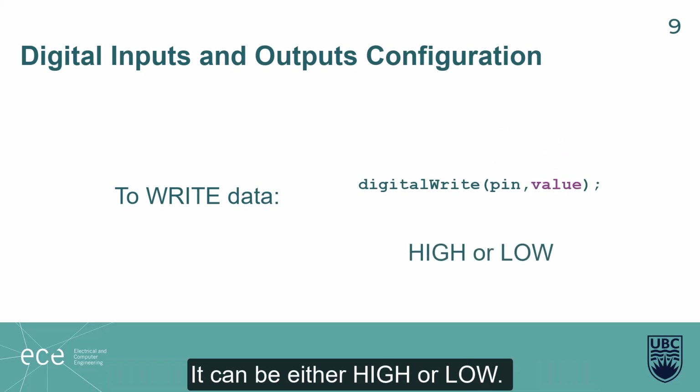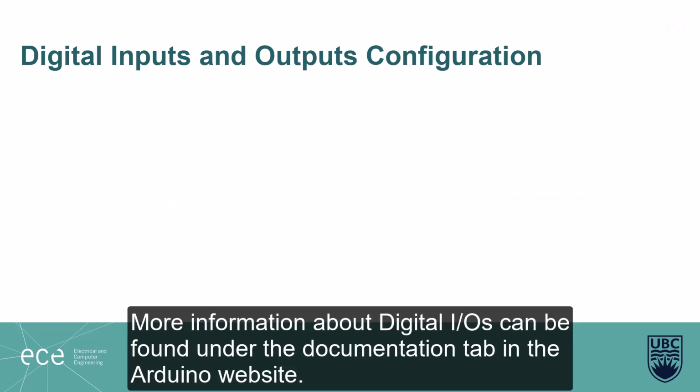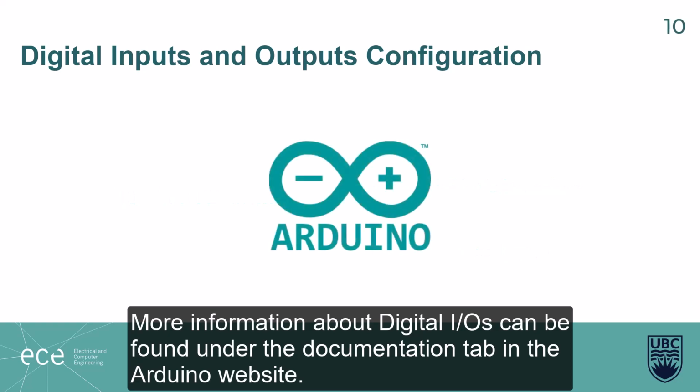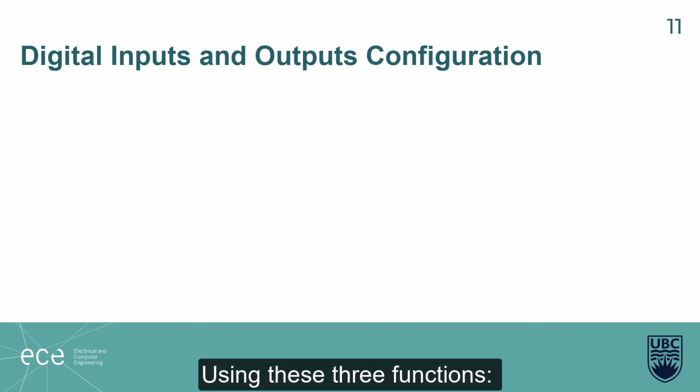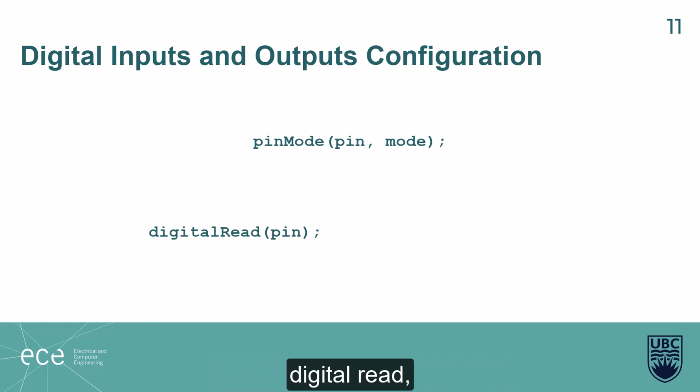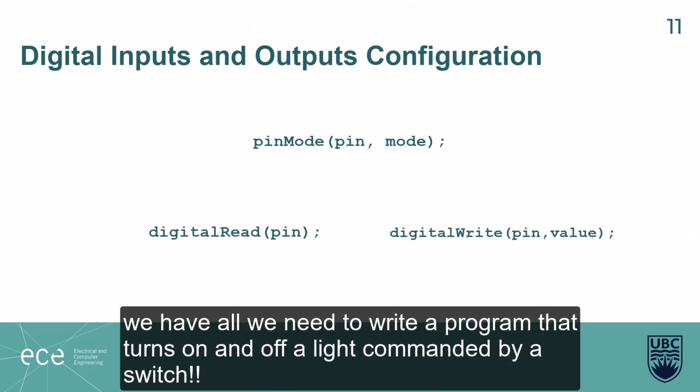It can be either high or low. More information about digital I/Os can be found under the Documentation tab on the Arduino website. Using these three functions, pinMode, digitalRead, and digitalWrite, we have all we need to write a program that turns on and off a light commanded by a switch.